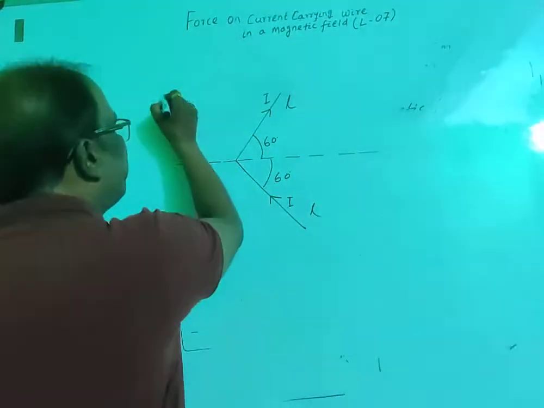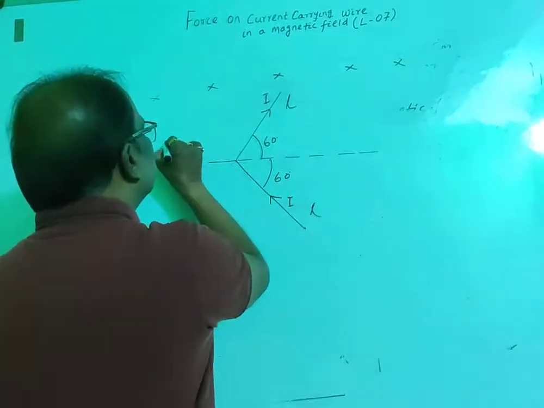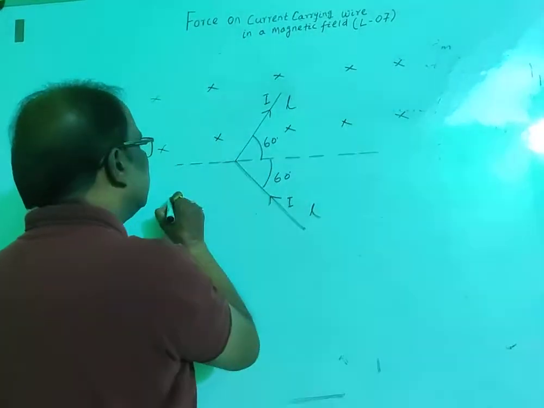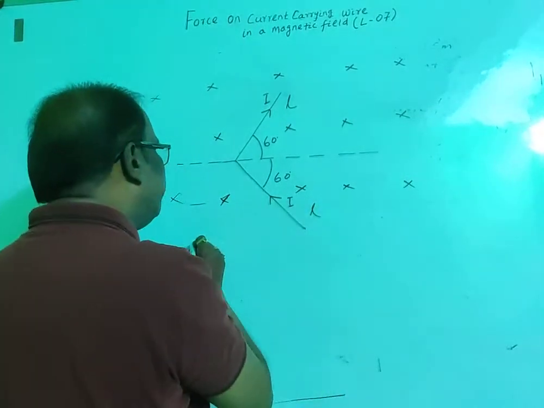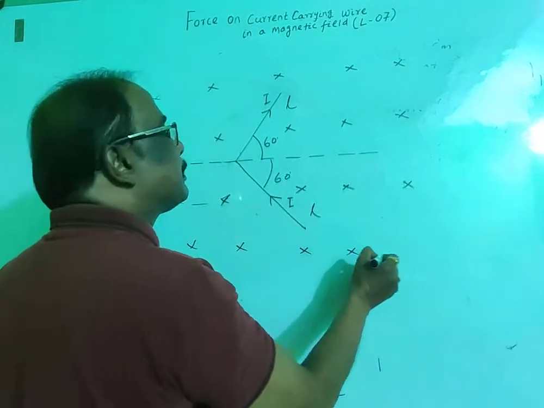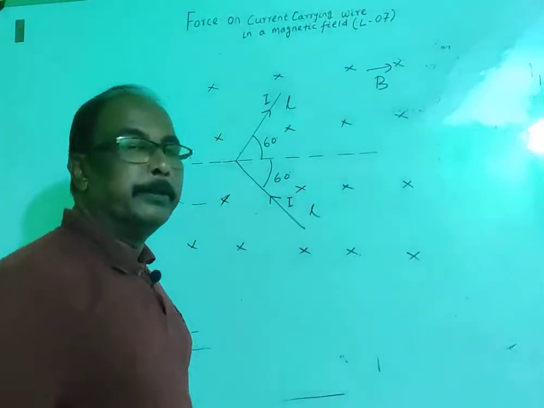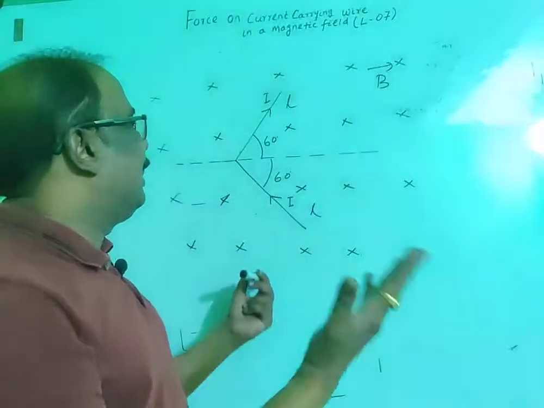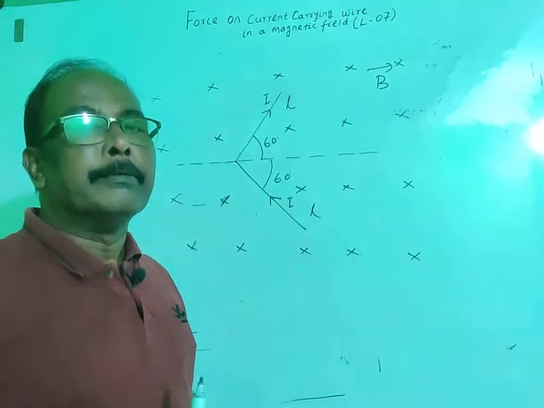This wire is placed in a magnetic field, and obviously we are taking a uniform magnetic field in all these cases. Let the direction of the magnetic field be inwards, and we have to find the total force on the wire.